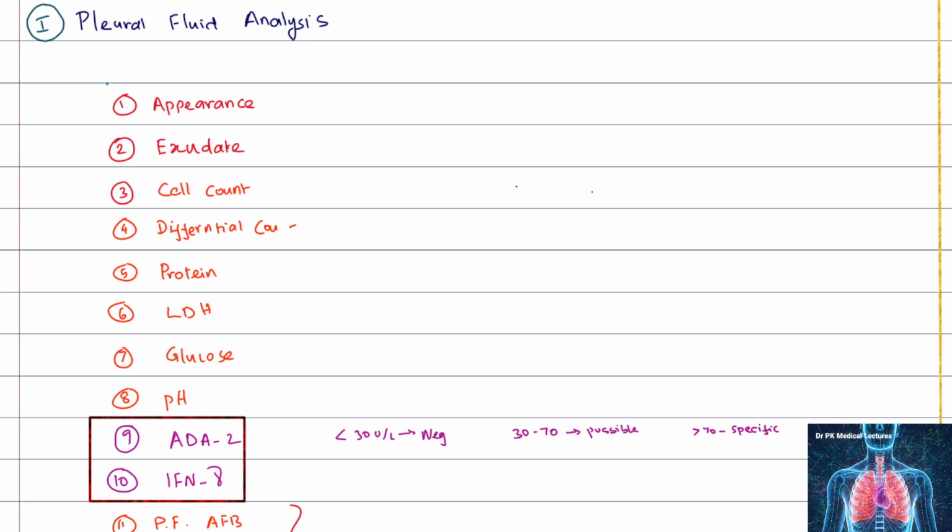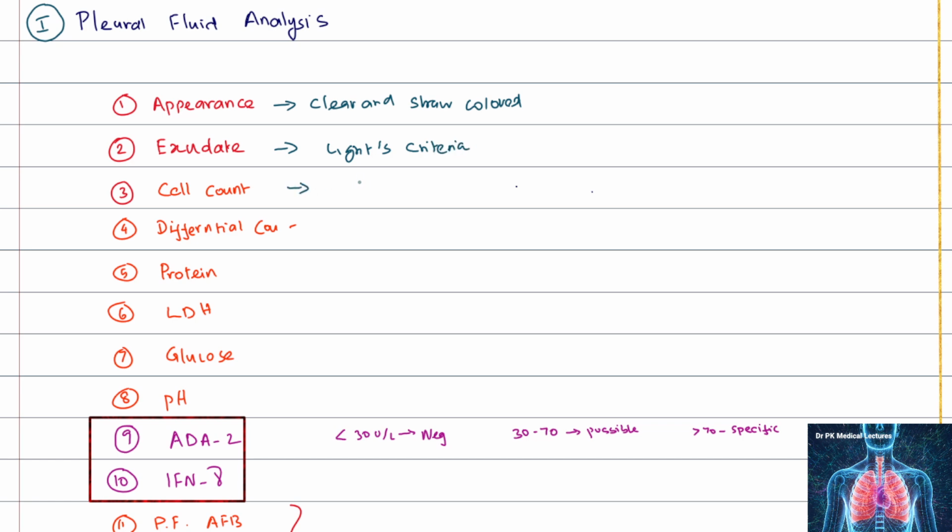Now we move on to pleural fluid analysis in tuberculous pleural effusion. The appearance is clear and straw colored. Being an exudative pleural effusion, it fulfills the Light's criteria. The cell count is high.